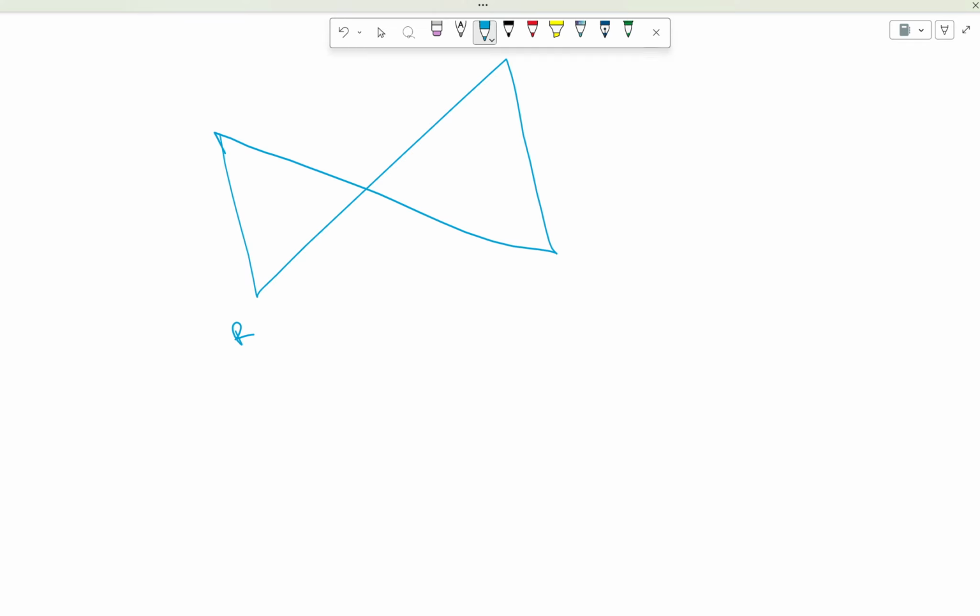F R S T U and V. And all we're going to be given is that RS is parallel to TU, which we'll mark here.